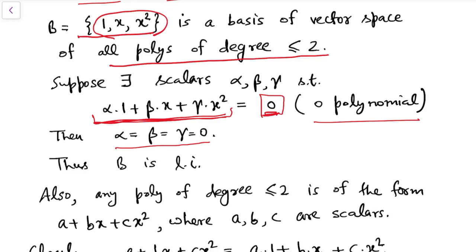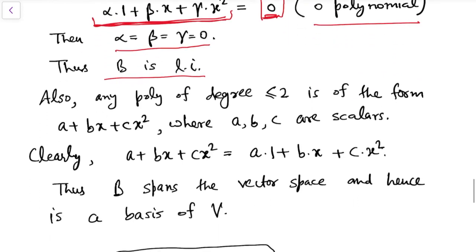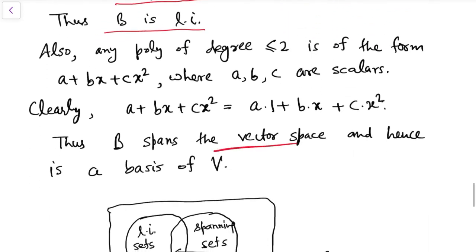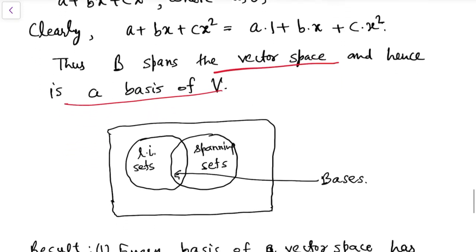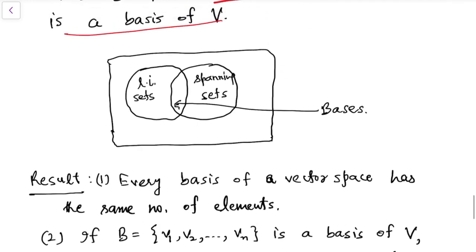So this shows that this set B is linearly independent. And so B spans this vector space and hence B is a basis of V. So basis is the intersection of two sets, linearly independent sets and spanning sets.